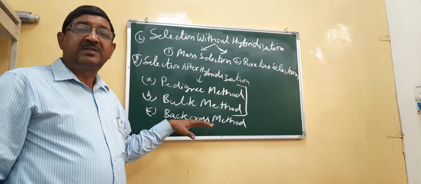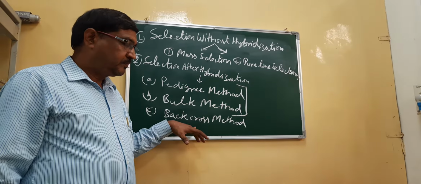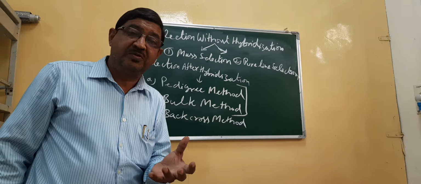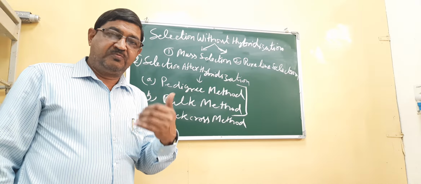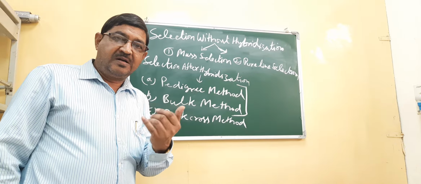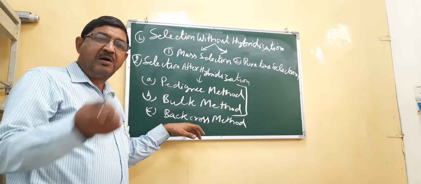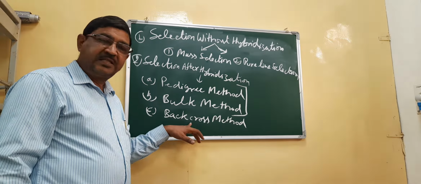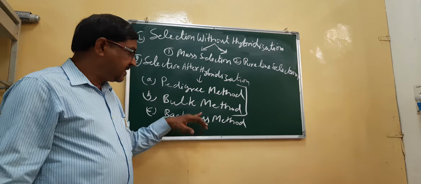This can be called combination breeding also. If you are putting a few genes of other donor varieties into your variety, you are combining the genes in your popular variety.